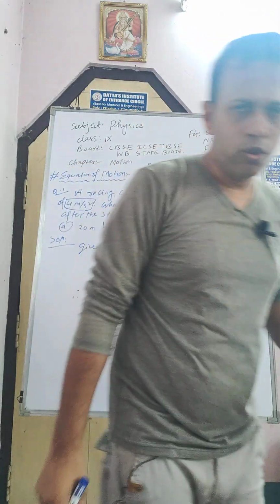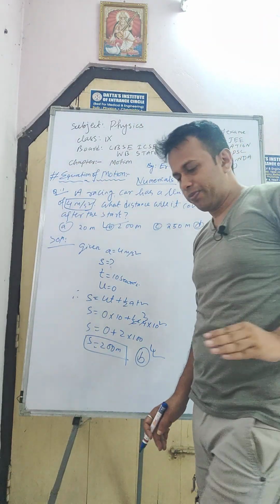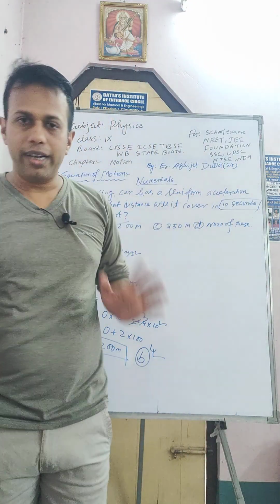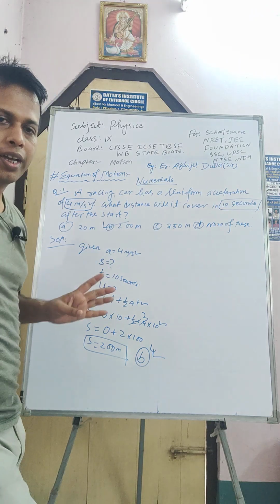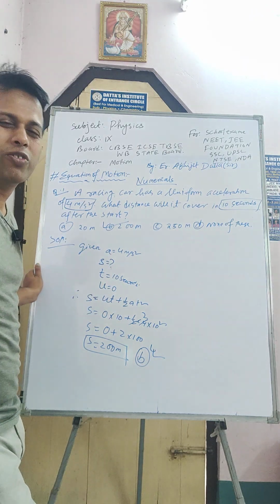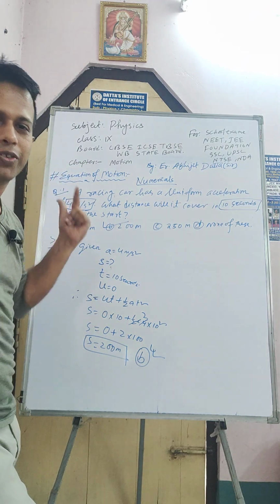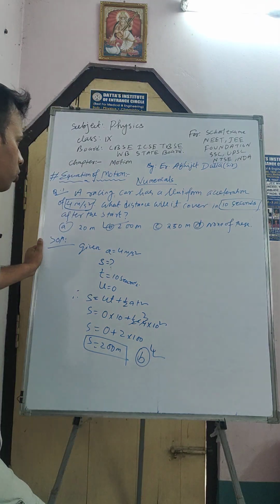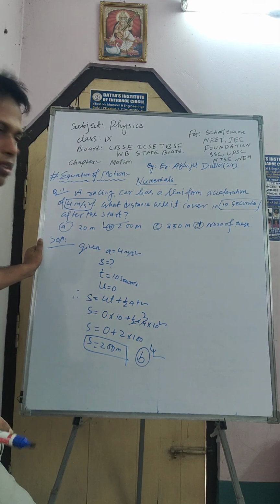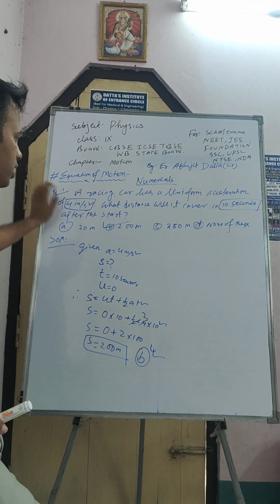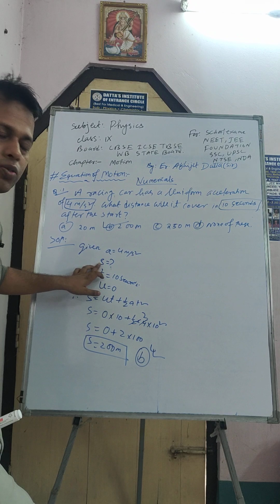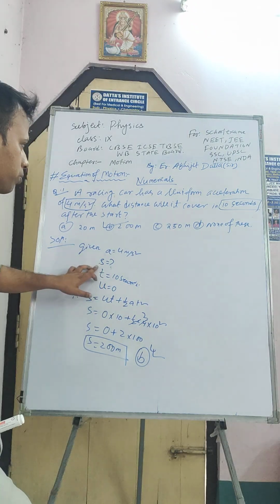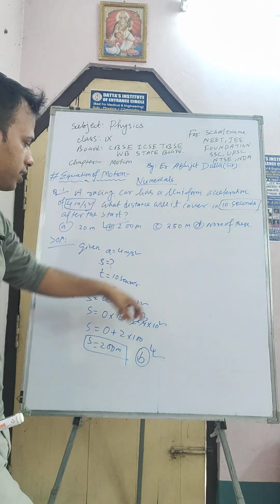Numerical physics is so simple if you know the concept. If you clear the concept of the topic 100%, then the numericals are like that. So what I am doing here: a racing car has a uniform acceleration, a is given. What distance it will cover, that is, we have to find s, I give a question mark. In 10 seconds, that is time is given.